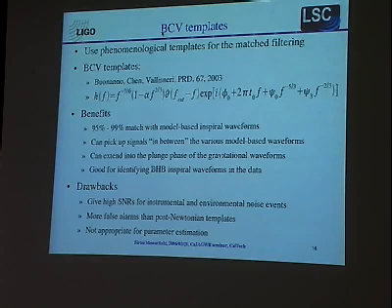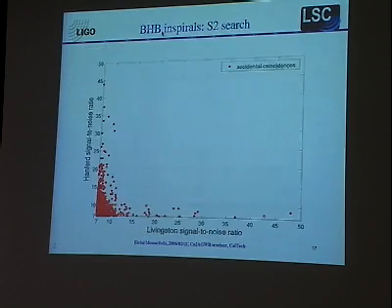So just to give you an idea of results that we get by running the BCV templates on the S2 data specifically. This is a plot of the Hanford versus Livingston signal-to-noise ratio. And these are accidental coincidences in the data from the second science run. This is based on 80 time shifts, and we observed about 25 to 30 accidental coincidences per S2.